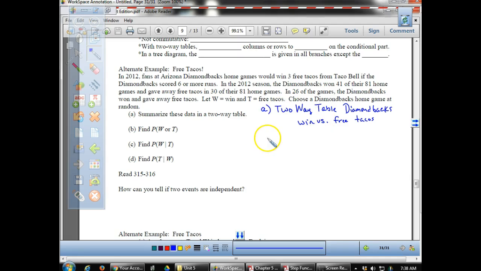Okay, so we're going to have column headers of taco, and this would be winning tacos or getting free tacos. And let's say not getting free tacos. And then we also need win and then not win.